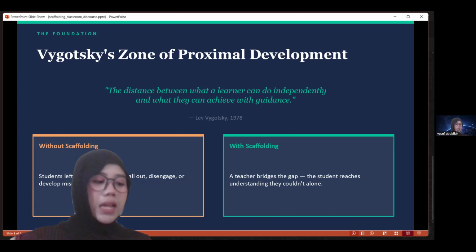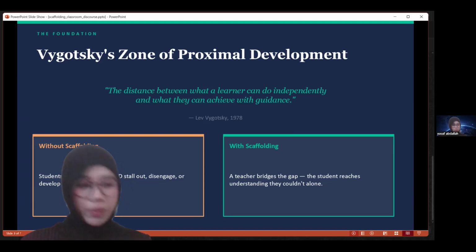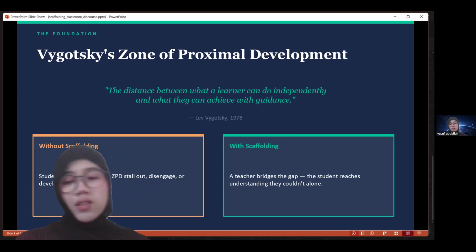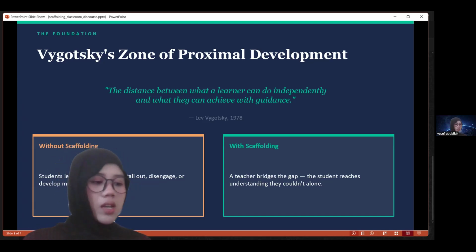That gap is the ZPD, and that's exactly where scaffolding operates. Without scaffolding, students left alone in their ZPD stall out, disengage, or worse, develop misconceptions. But with scaffolding, a teacher or peer bridges that gap and the student reaches understanding they simply couldn't get to alone.